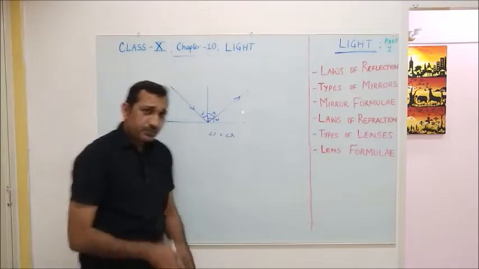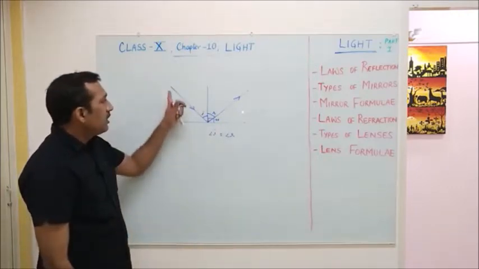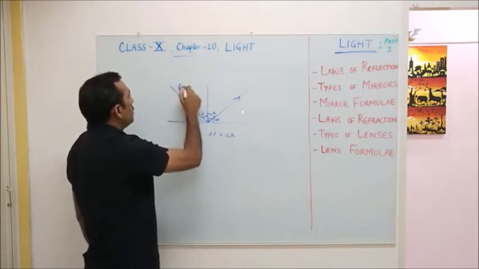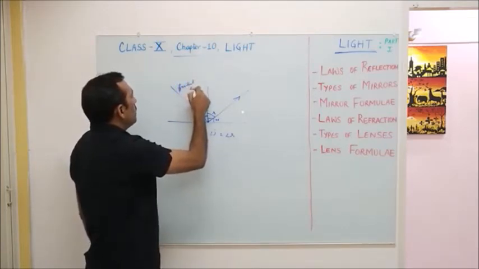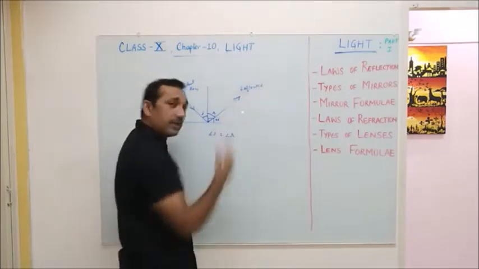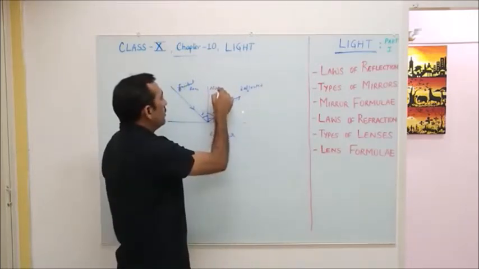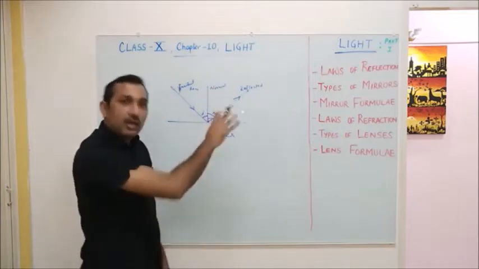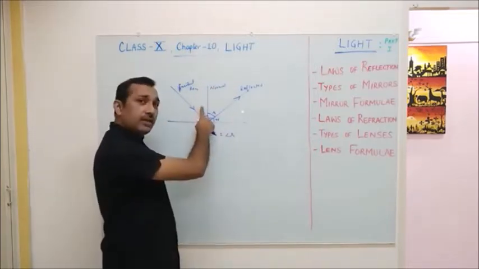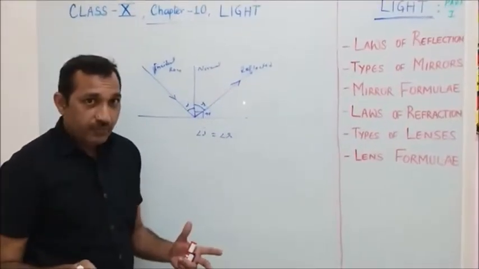Let's revise. Number 1, the incident ray, the reflected ray and the normal all lie in the same plane. Number 2, angle I and angle R both are the same.